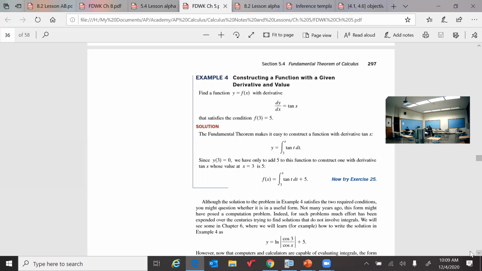Well, what would happen if we went from 3 to 3, tan t dt? What's that equal to? 0. Why? Because it has no width. We need it to be equal to 5.